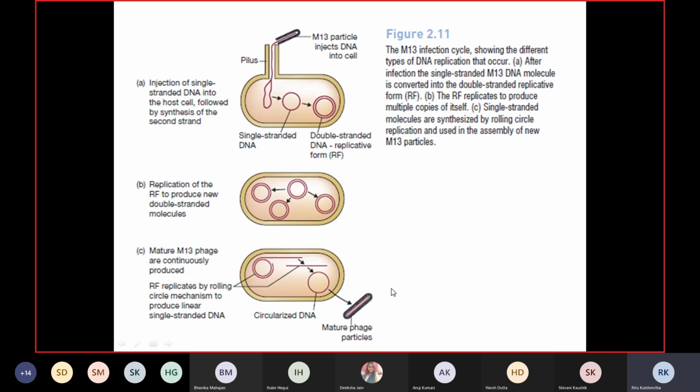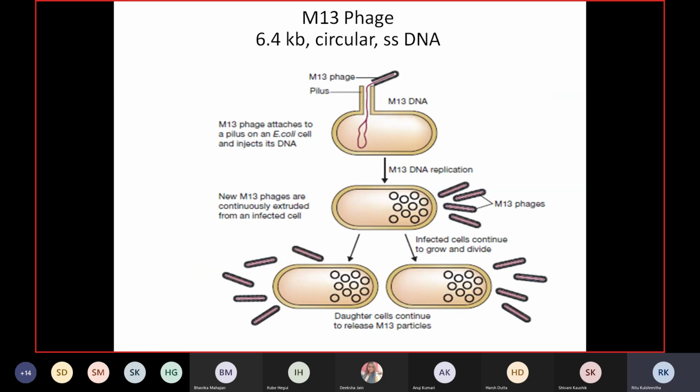One major difference between lambda phage and M13 phage is that extrusion of phage particles in lambda phage requires lysis of the bacteria, but here they are just released from the bacteria and the bacteria remain unharmed. So this is, let's say, the general life cycle of M13 phage.